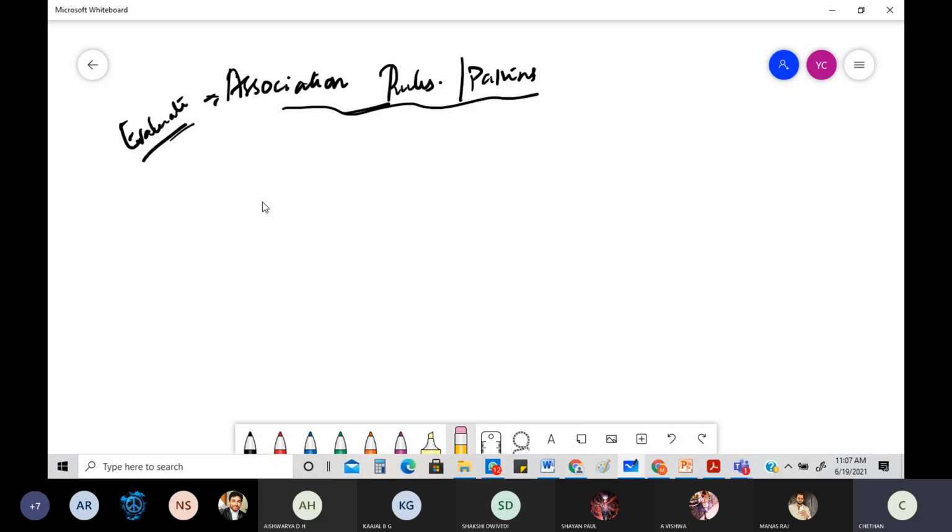Before that, one important thing that you got to keep in mind, if you think of this entire third module, is that association analysis algorithms, whichever are there, have a very good potential to generate a large number of patterns.